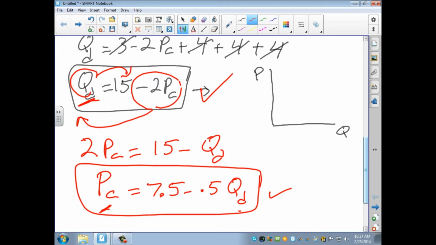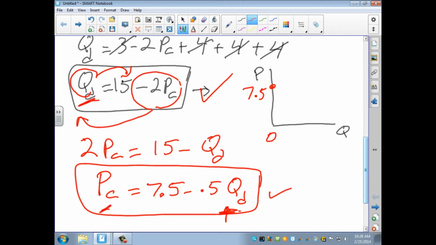So, if you want to graph this, you say, for example, if quantity demanded is 0, here in this function, price would be 7.5, let's assume it is here. And then you can take the other extreme, since it is linear. You would say, if price is 0, how much is quantity demanded?